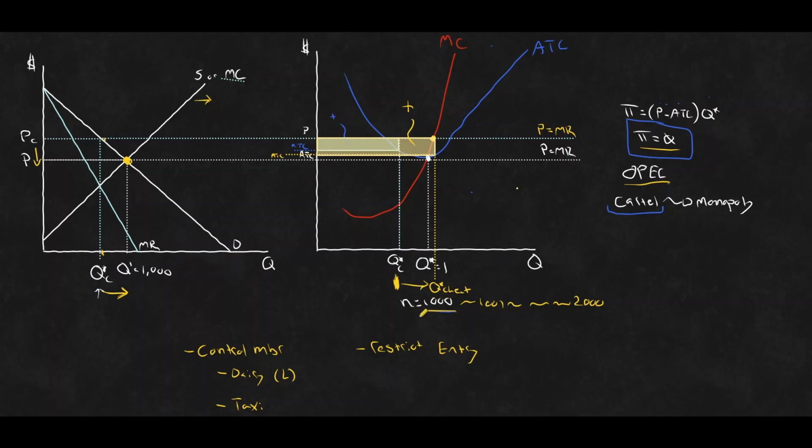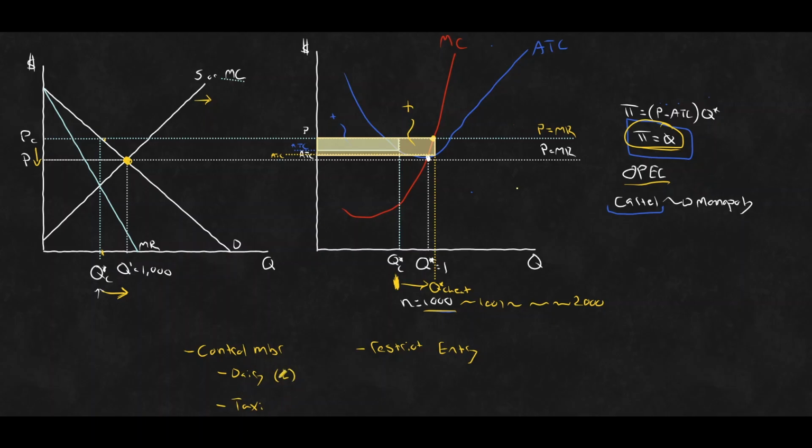All of that new entry is new firms pushing that supply to the right, which is pushing down the price that we can charge back to this zero profit where there'd no longer be any incentive to enter, right? You don't want to enter a market earning zero profit. So we would have this incentive to enter, pushing down prices until we get to zero profit.